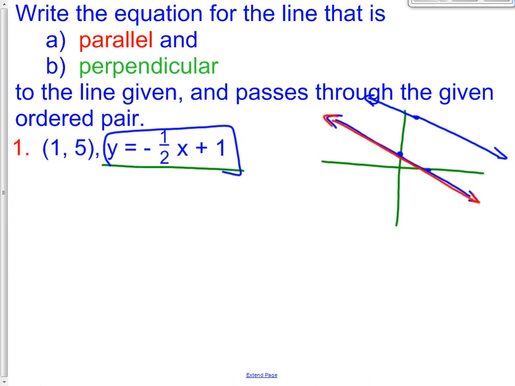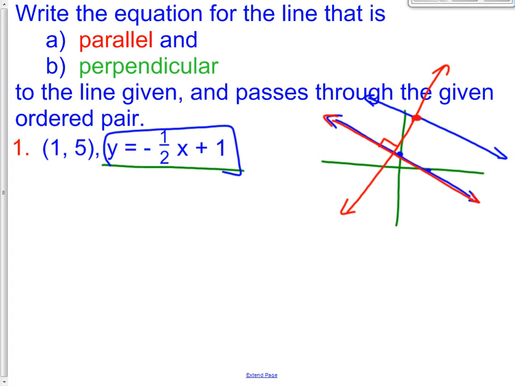That means it crosses it at a 90-degree angle, and it's going to go through the point (1, 5). This is a rough sketch, it might look something like that. It's perpendicular to that line, and it still goes through the point (1, 5). So if we were to put these equations on a graph, that's what we would see.